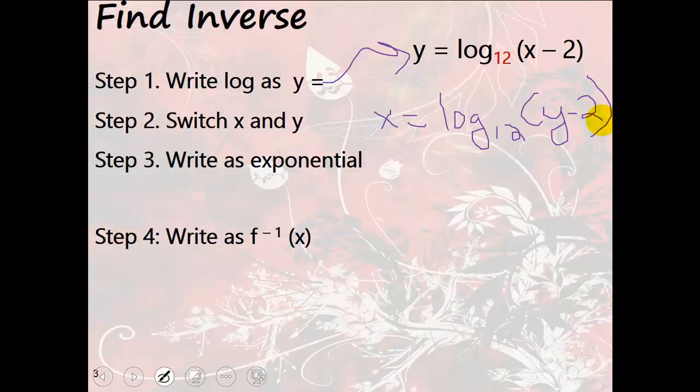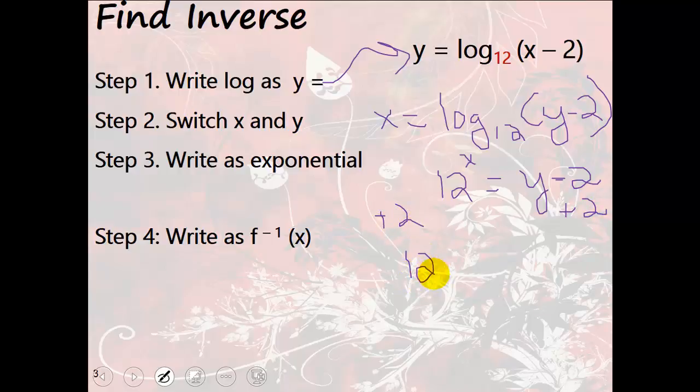Now we're going to exponentiate to write it as an exponential equation. So my base is 12. My exponent is x. And my input is y minus 2. Notice that I dropped my parentheses because in this form, they really don't mean anything. Now I'm going to add 2 to both sides so that I can isolate my y.